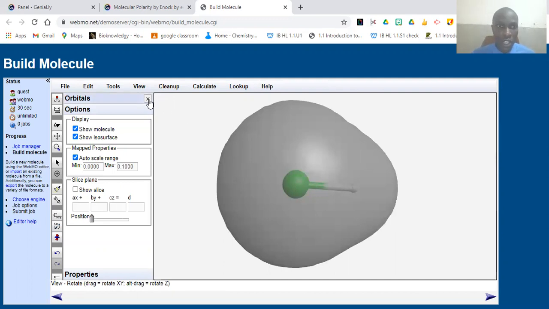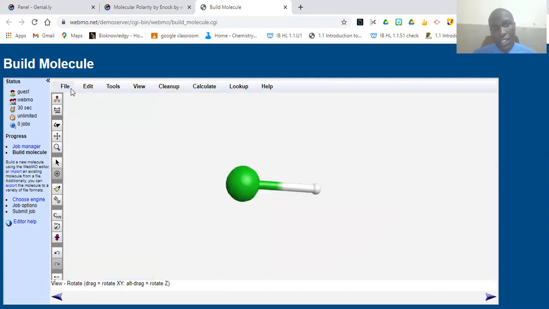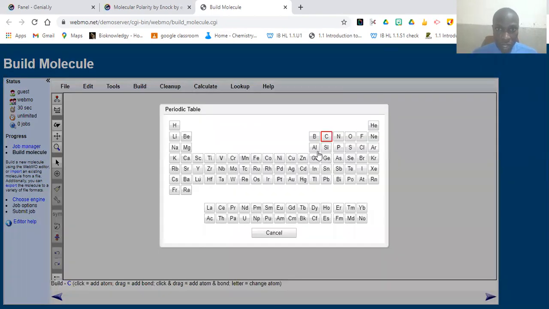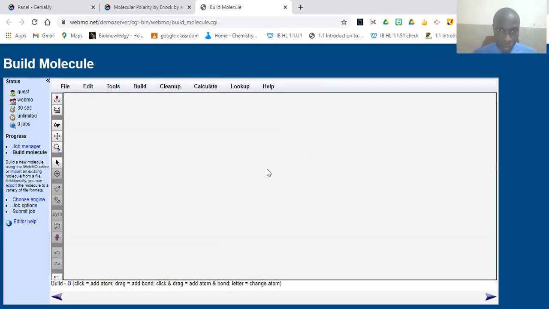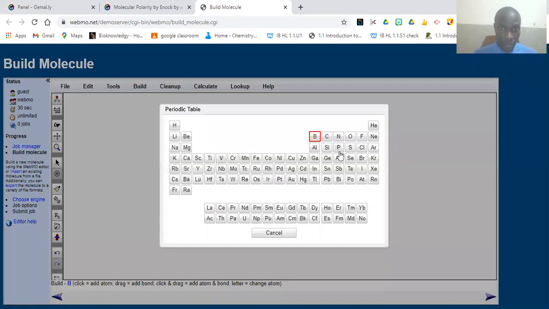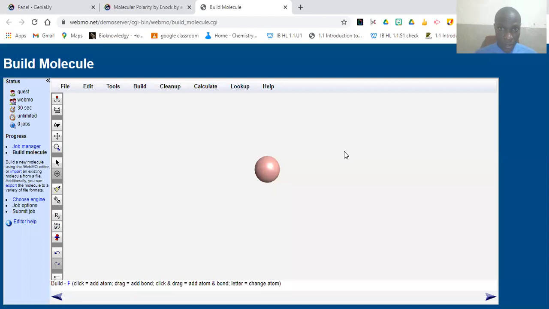Let's look at other molecules that have more than two atoms. We shall use boron fluoride, and we see whether it is polar or non-polar. I'll choose boron. Then let's add the fluorine.